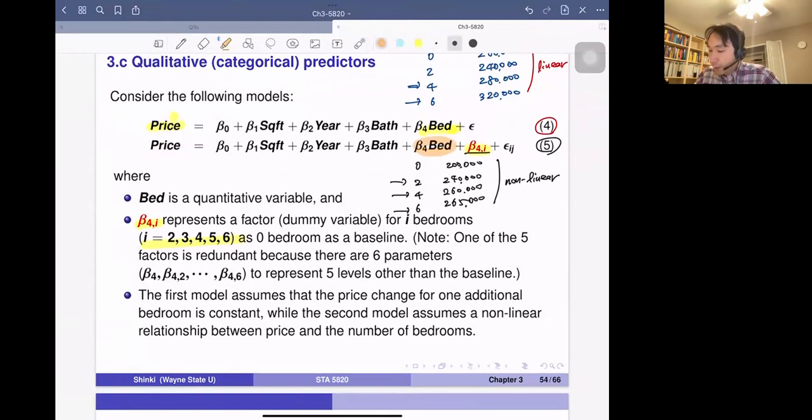Actually, it's possible to delete this one and keep just the factor variables, beta_i. But we would like to know if we have additional information from nonlinear terms. So we still put the linear term, and we see if the addition of beta_i has additional information beyond the linear term. That's why I put both terms.